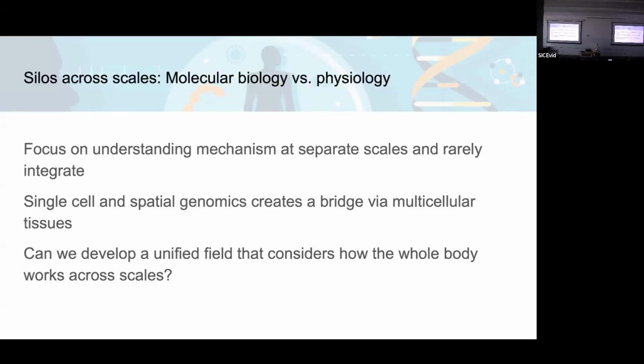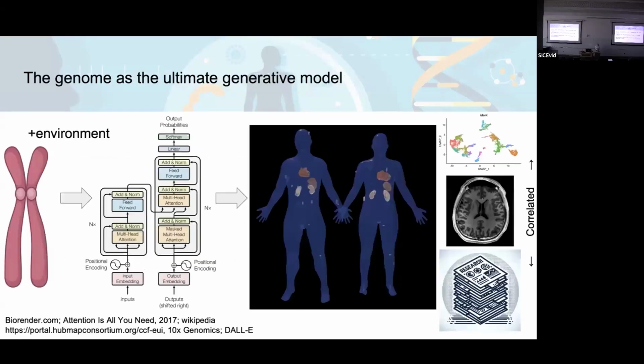However, they're all interested in understanding the body. One of the things that's changed recently that might allow us to change this is that single cell and spatial transcriptomics or genomics technology has enabled us to map a lot of multicellular and tissue level information, which bridges the spatial scales between cellular and tissue or organ level scales. And so maybe we can think about developing a unified field that considers how the whole body works across scales, or can we, is an interesting question.